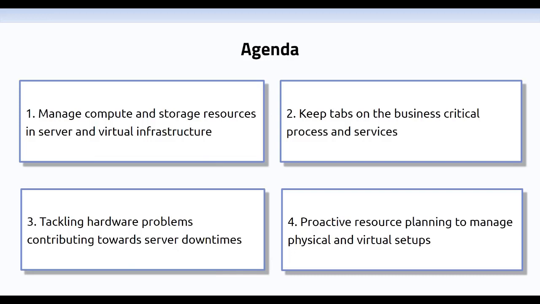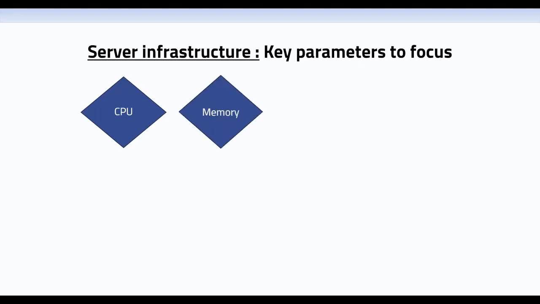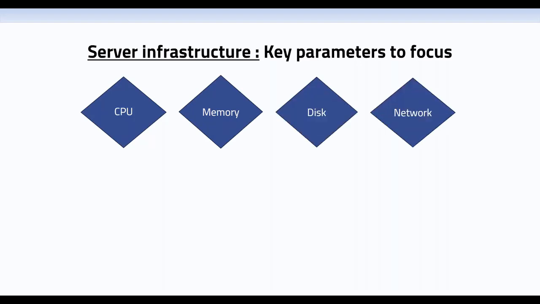So let's first take a quick look at the key parameters that one has to focus on when we're talking about the server infrastructure. Of course, as we spoke, the compute and storage resources, not least of which is the CPU and the memory details of your server, the disk details of your server, and the network connectivity of your server, the status of network adapters, the speed of the network, and parameters like that.